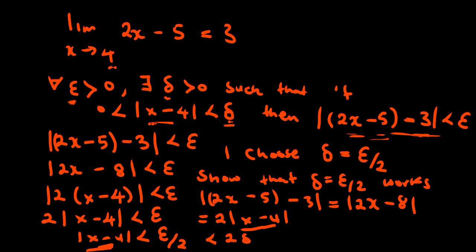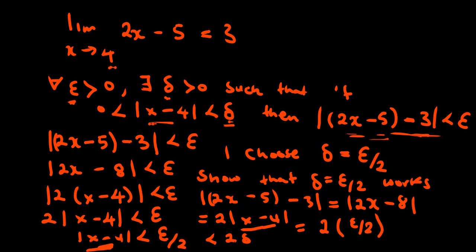So now I chose my delta to be epsilon over 2. So that will be equal to 2 times epsilon over 2 like that.